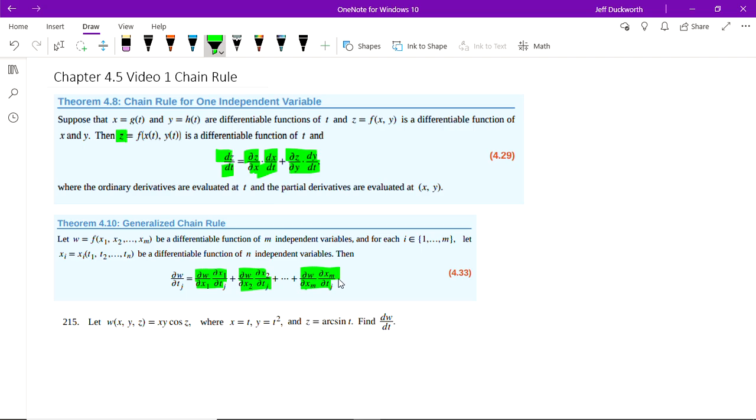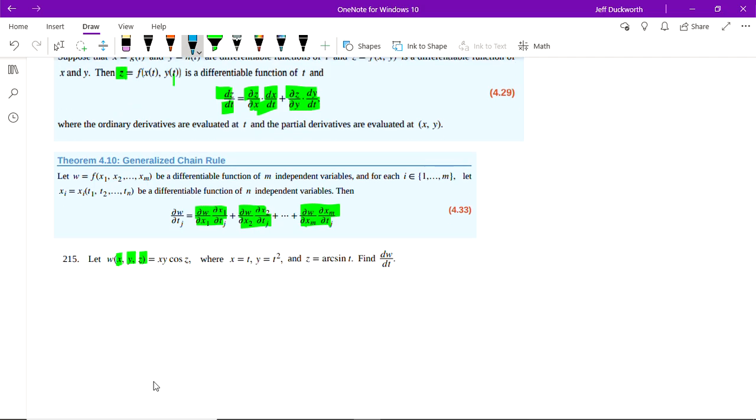So problem number 215 has three variables, has an x, y, and a z. And let's see what we can do. We're looking for dw dt. So we have three different pieces that we want pairs for. So dw dx is that function with respect to x.